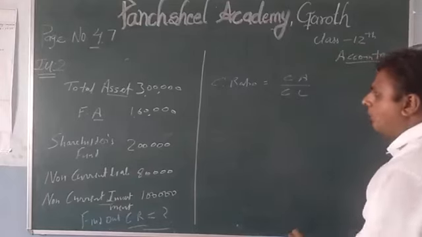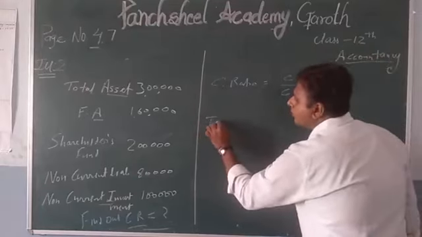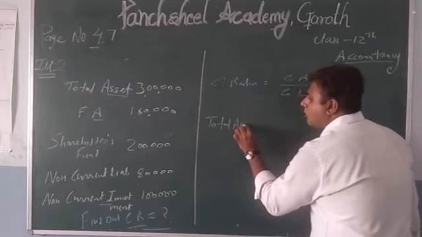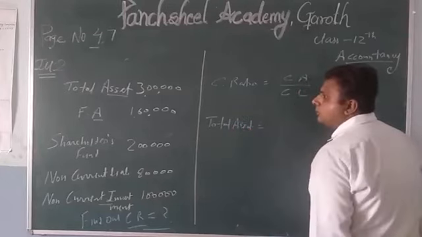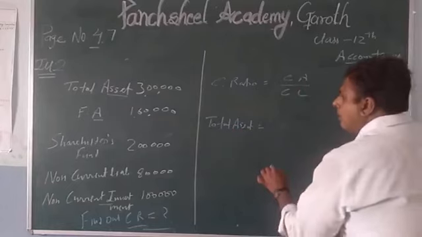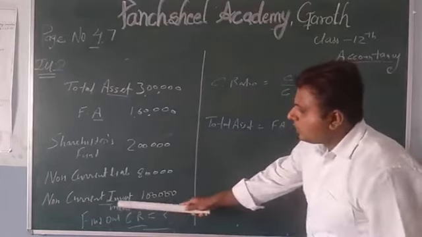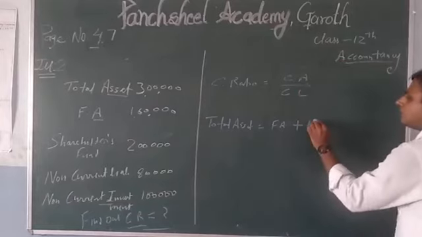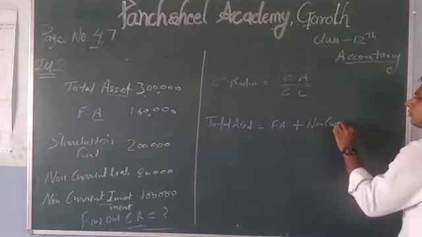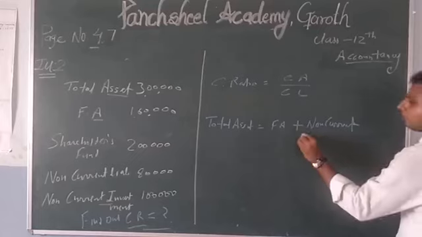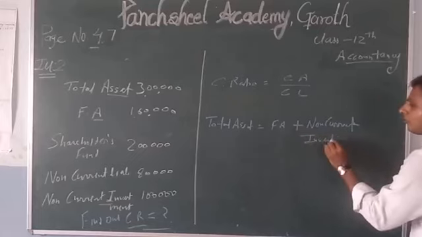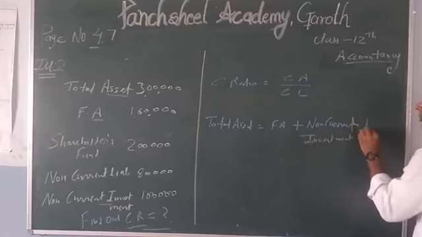See here on the blackboard. Total assets is equal to fixed assets plus non-current investment plus current assets.